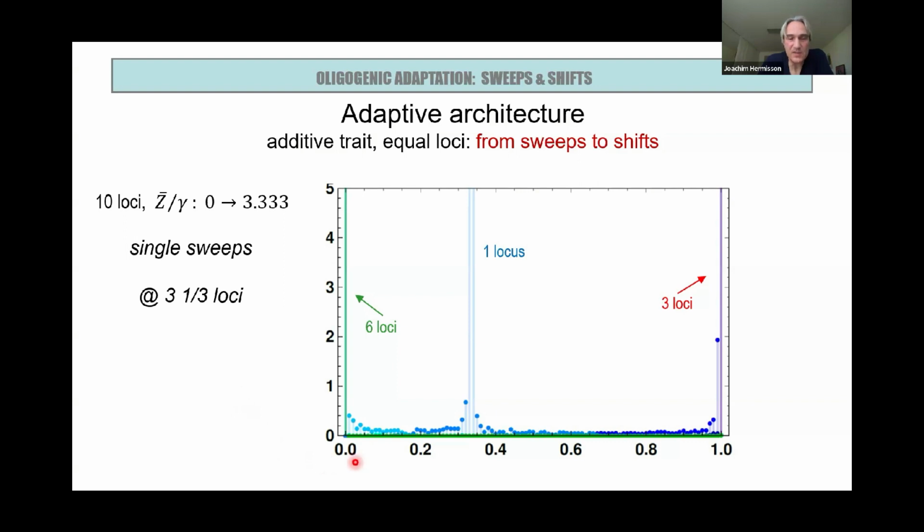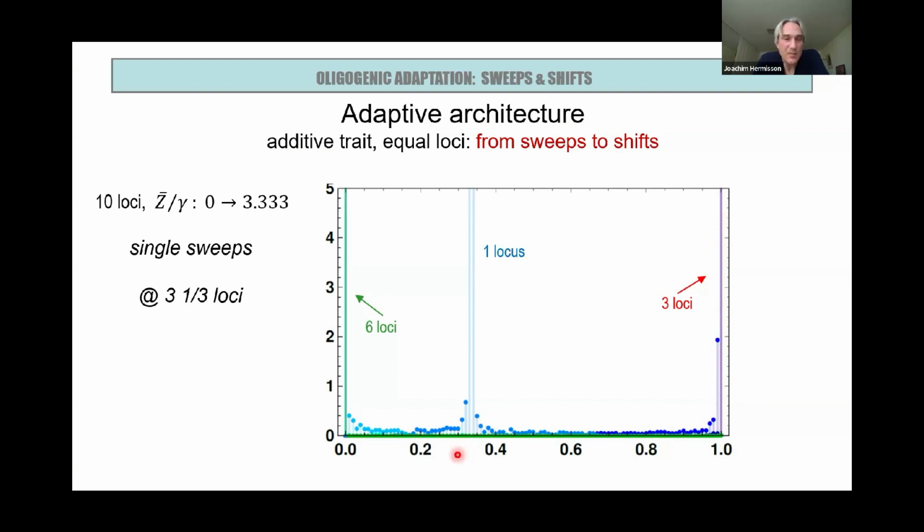So what does this mean? This is allele frequency on the x-axis, and this is the density of these allele frequencies. What we sometimes see is a peak here at 1, consisting of 3 loci that are simply fixed.